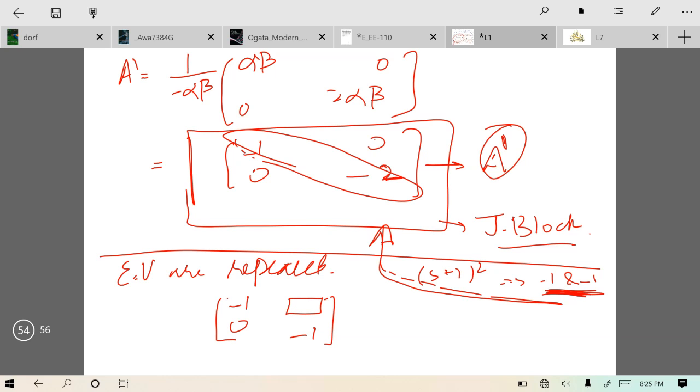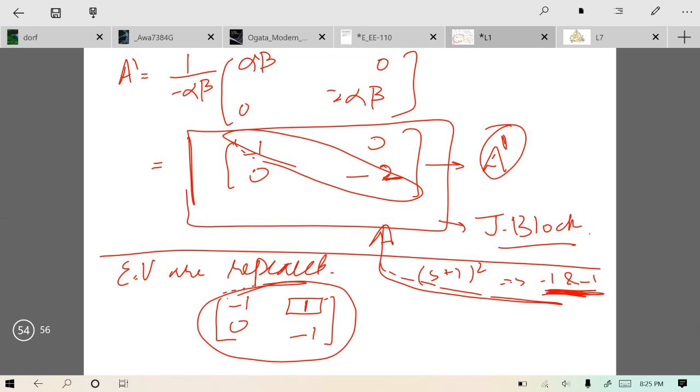If it has a full row rank or full column rank, or you can say if its nullity is 1, then there is 1 over here, and this complete is one Jordan block.